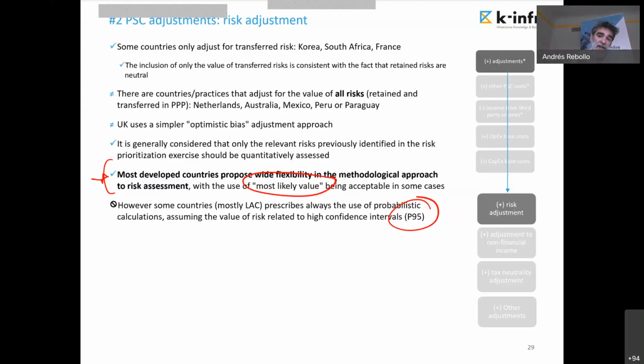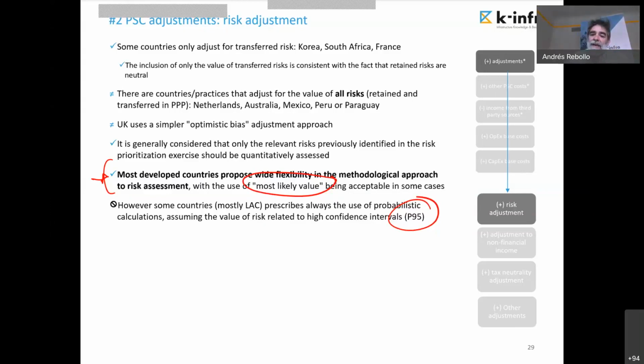The bigger this risk adjustment, the bigger the value I give to the risks I am transferring in the PPP, the more my probability and impact value repaint my picture. Remember, the higher I put that value, the higher the likelihood of the value for money being positive.